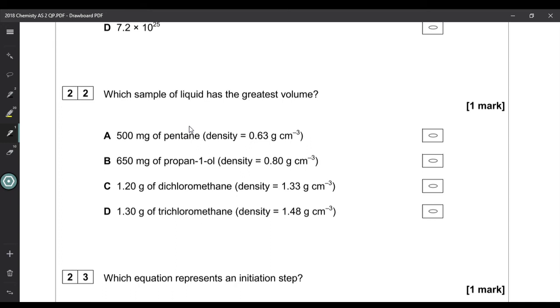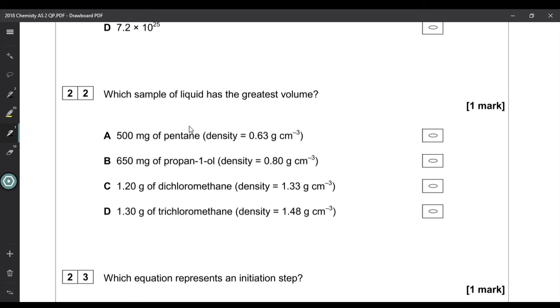Which sample of liquid has the greatest volume? So here we just calculate the volume of each of these. For example, if we've got 500 mg, that's half a gram, it would just be working out the volume that half a gram would take up, so it'd be 0.5 divided by 0.63, and the same calculation for each, so the mass as 0.65 divided by 0.8.